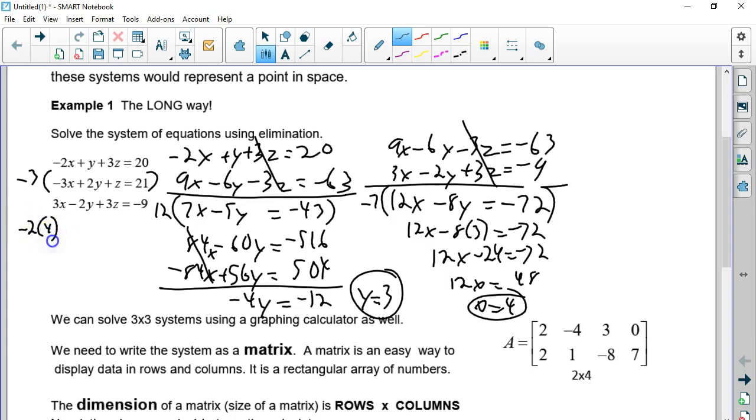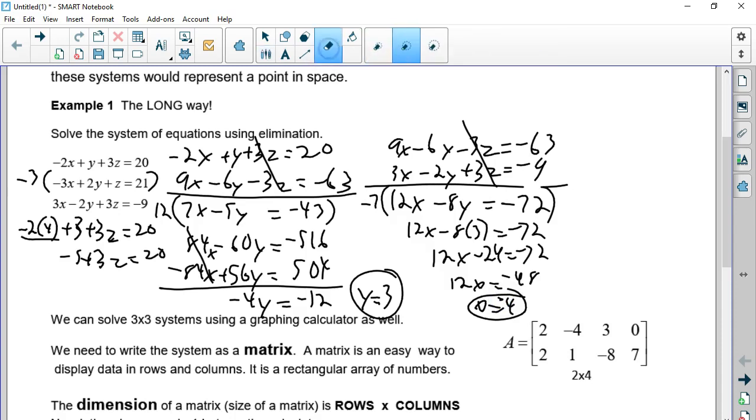-2 times x, which is 4, plus y, which is 3, plus 3z equals 20. So negative 8 plus 3 is negative 5, plus 3z equals 20. Just realized I made a mistake. I apologize. I'm going to get negative 48 here, which gives me negative 4. That changes everything.